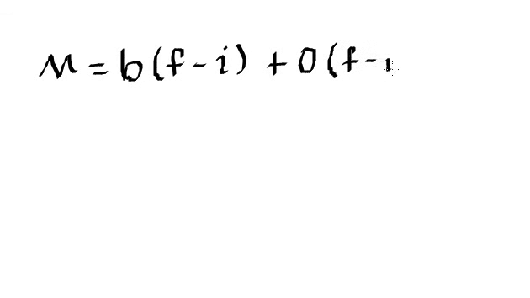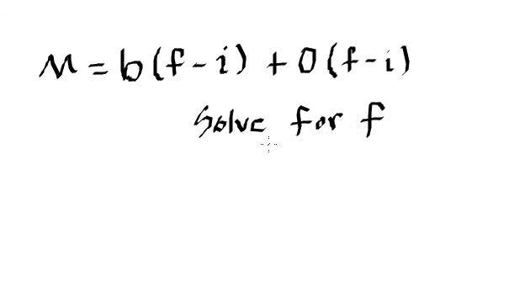F minus I. And in this particular case, we're going to be solving for F. Solve for F. So just like in the previous one, we're going to distribute the B across and then the O across.